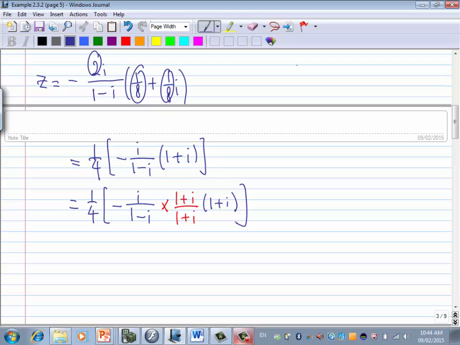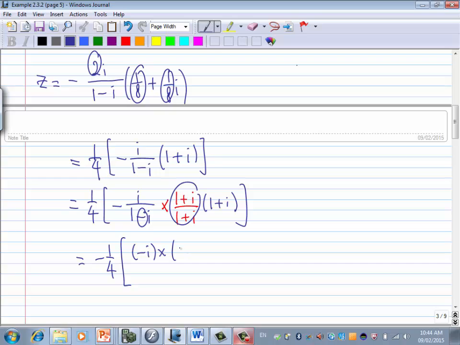As I mentioned last lecture, I reverse the sign and multiply it by this number here, which is essentially 1. Simplify. So 1 plus I times 1 plus I. So negative I times 1 plus I times 1 plus I, that is 1 plus I whole thing squared.